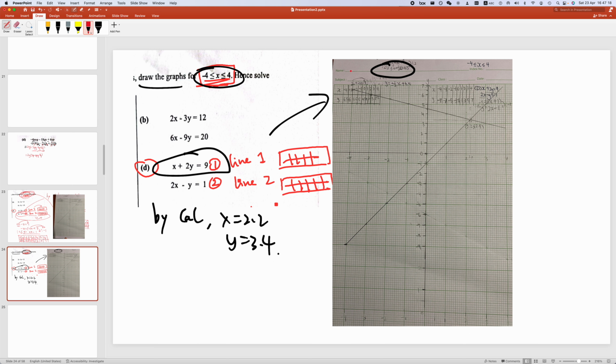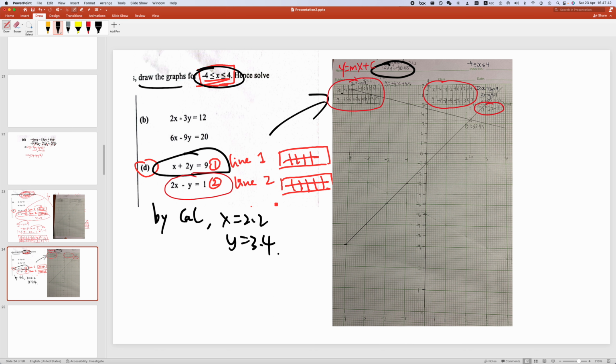What format is that? y equals to mx plus c format. Once you get it into this format, you will get a table of x and y. Same thing for the equation 2. You get it into the format, and then you get it into the table.